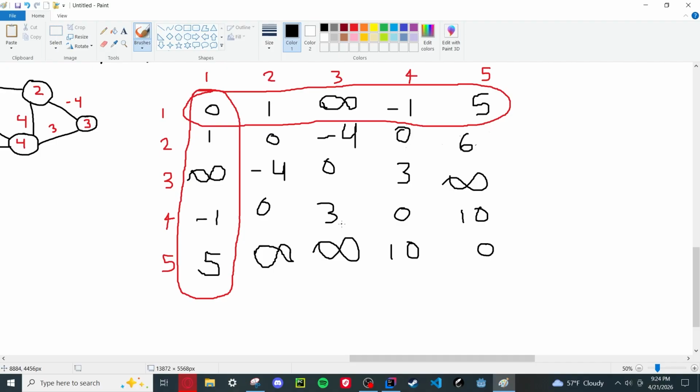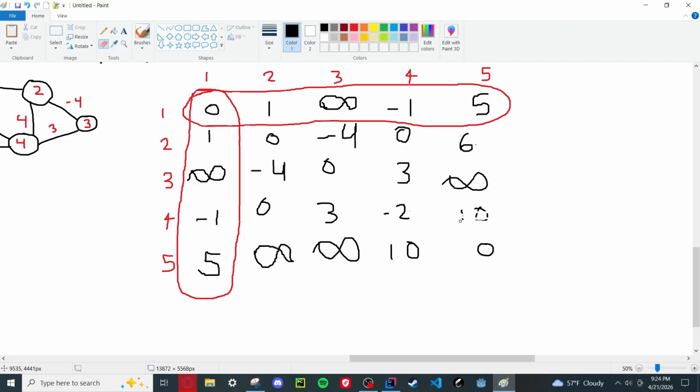For 3, that's going to be 3, leave that. That should just be -1 plus -1 is -2. I will make this -2.